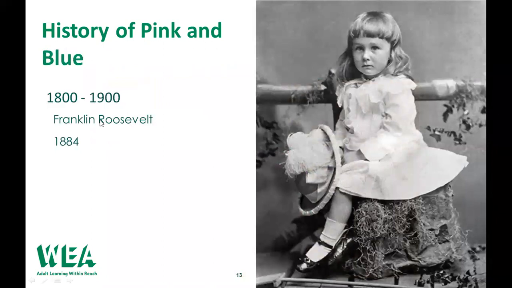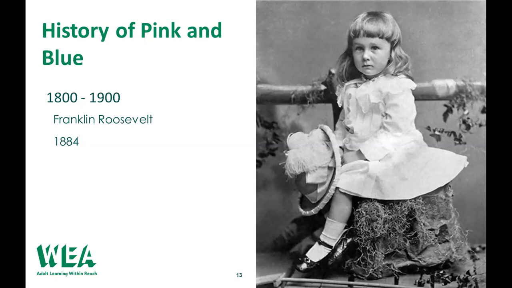And 1800 to 1900, we're looking at Franklin Roosevelt here. So you might look at that today and think, oh, that's not Franklin Roosevelt, that must be a girl. You know, she's got little shoes on, patent leather shoes, a white dress on and long hair. But at that time, the girls and the boys wore very similar clothes and outfits, so you'd say it was very gender neutral.